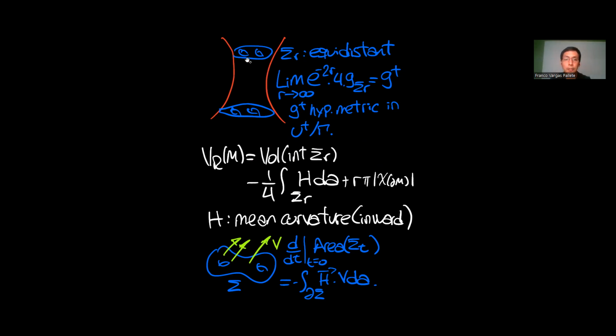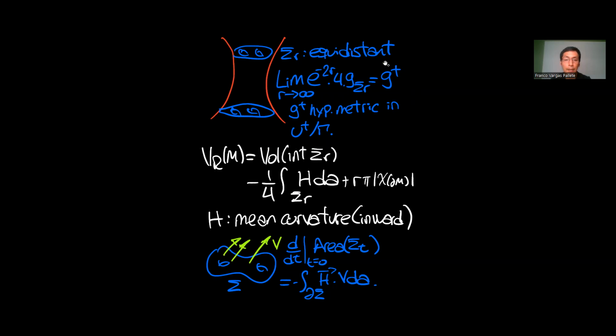The idea is as follows. Each end is going to have some equidistant foliation where the metric is blowing up exponentially. So I can rescale by the exponential growth so that now I have a well-defined metric at infinity. This well-defined metric is going to agree with the conformal structure at infinity.